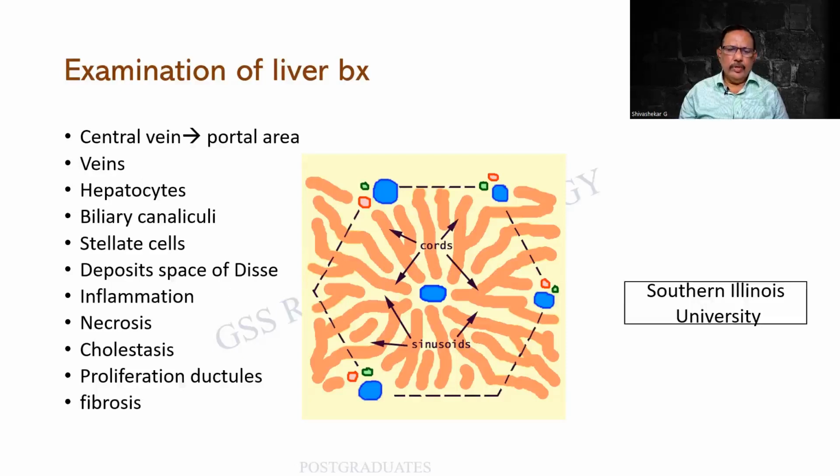Areas of necrosis. Cholestasis, of course, is important. It can be minute in hepatic disorders and it can be marked plugs in a case of biliary disorder. Proliferation of the ductules, again it can be in many a condition, including biliary cirrhosis. Fibrosis. These are things. Courtesy Southern Illinois University for this wonderful picture.